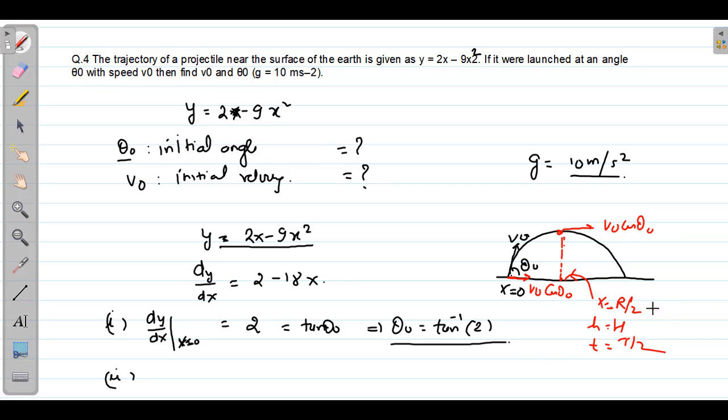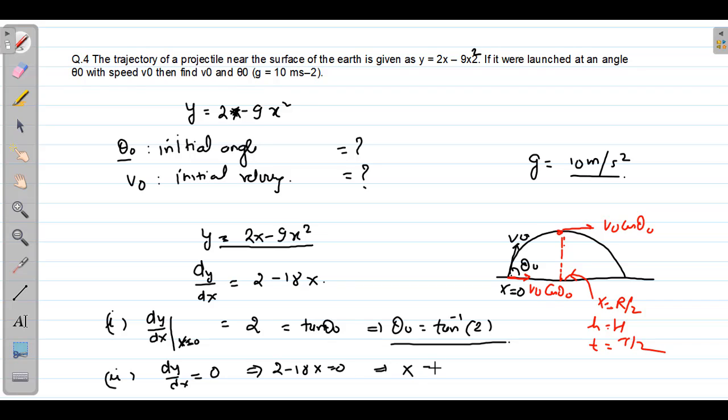At these values the slope on the curve is horizontal, that is 0. So dy by dx equal to 0 implies that 2 minus 18x equal to 0.